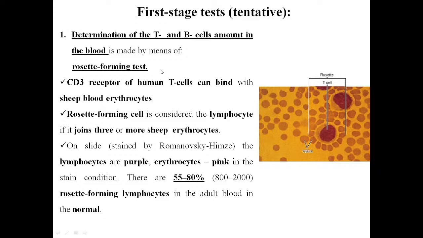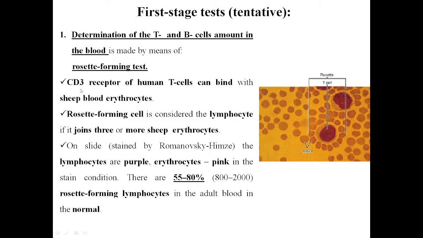The rosette forming test is used to determine the amount of T and B cells. How is it done? We know that the CD3 receptor of human T cells and B cells can bind with sheep red blood cells.